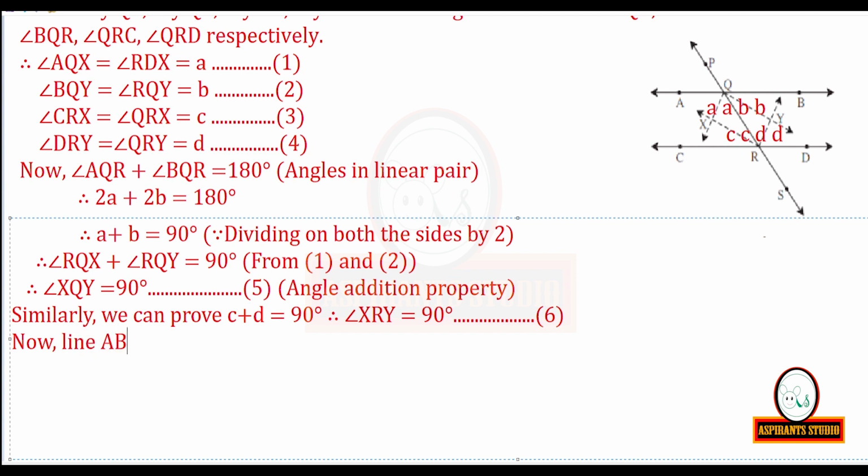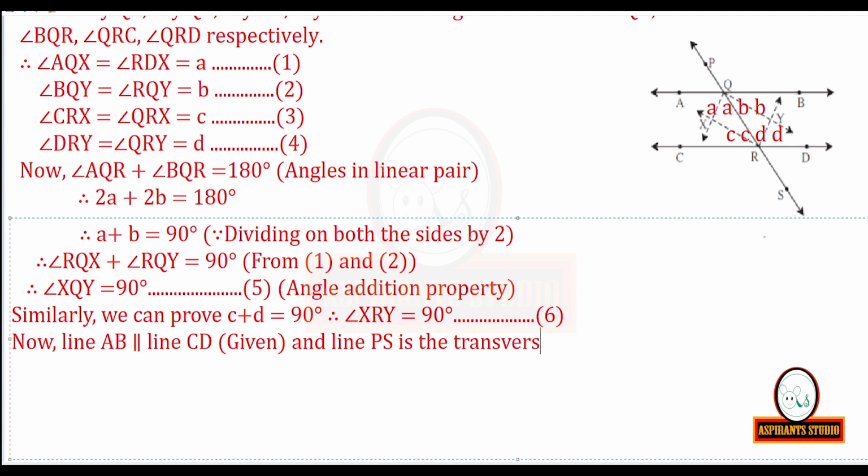Now, line AB is parallel to line CD is given, and let us take line PS to be the transversal. Line PS is a transversal. You can see the interior angles there. Angle AQR and angle CRQ are interior angles.